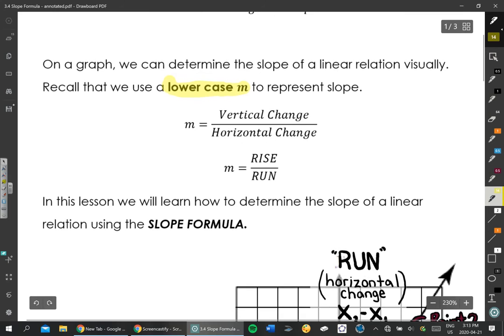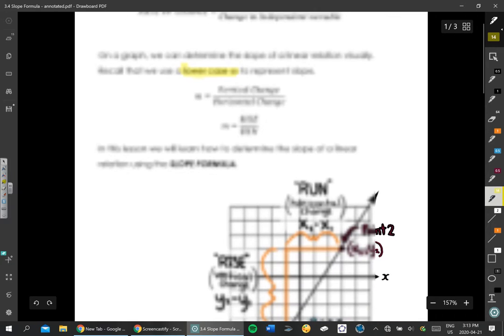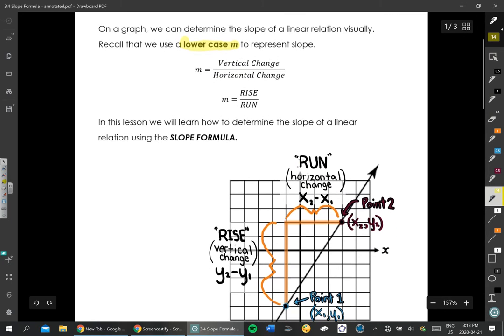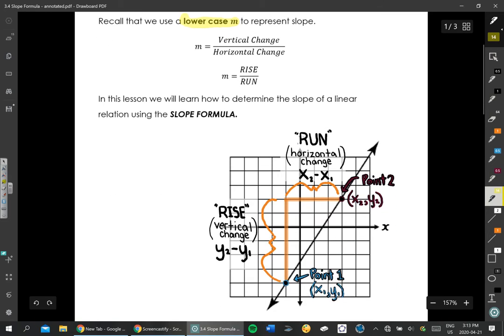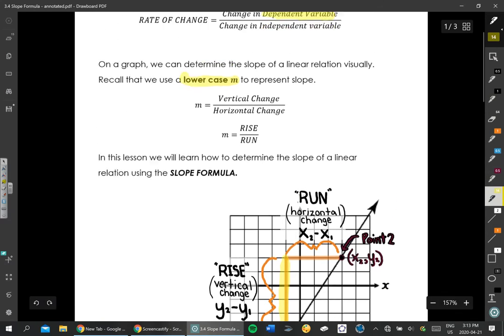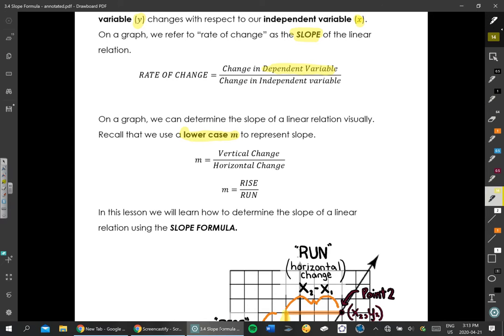And we learned, right? Didn't we learn that m is, if we talk about our dependent variable, and our dependent variable is usually y, our vertical change represents our rise, okay? And the horizontal change, which is our independent variable, our x value, right?